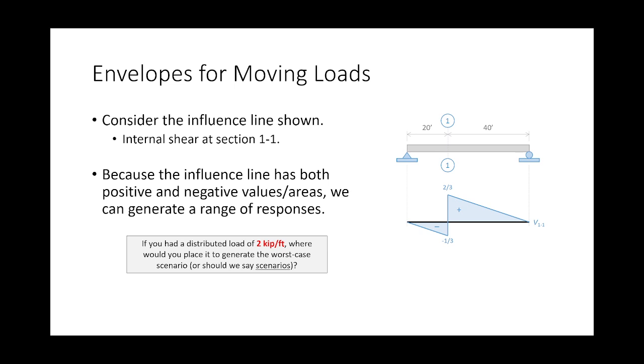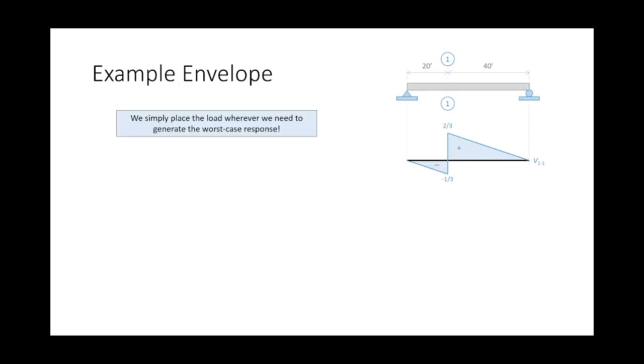If we're talking about a bridge on 64, I could have some parts of the bridge that are loaded, some that aren't. And so the idea is, where do I put that load to generate the worst case response? Well, the influence line tells us where to do that. We place the load where we need to generate worst case response.